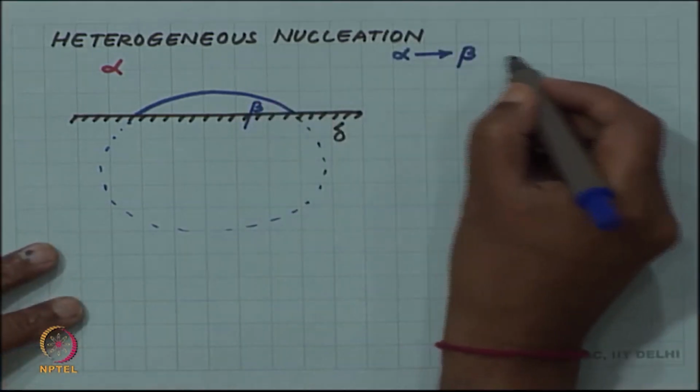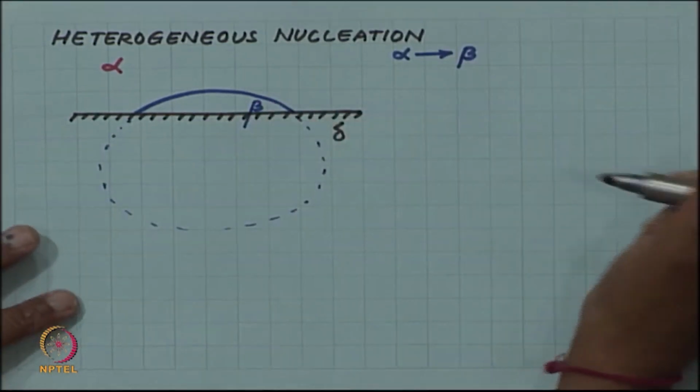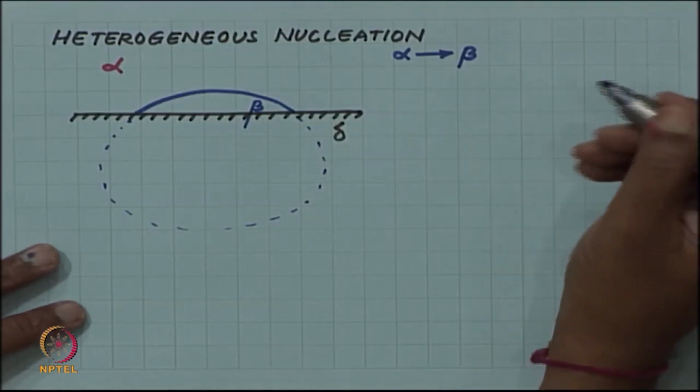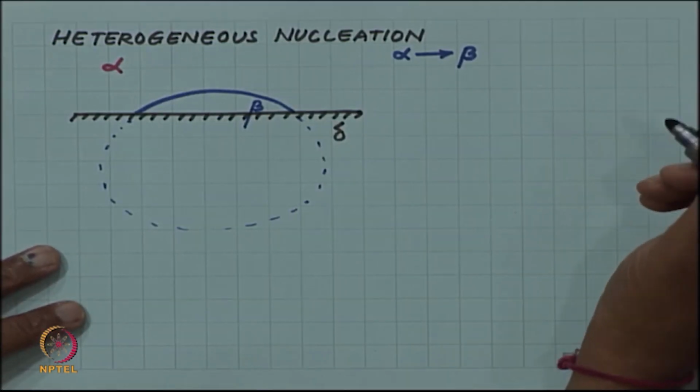Alpha is transforming in beta on this surface of delta. So, that is why it is a heterogeneous nucleation.